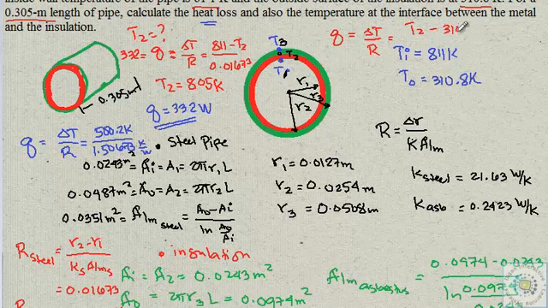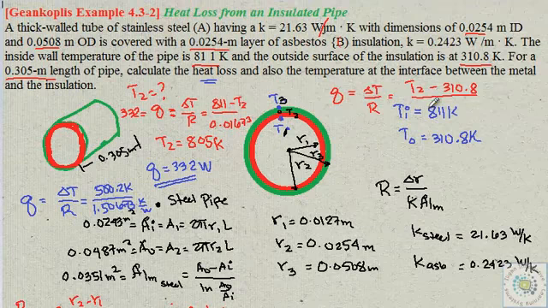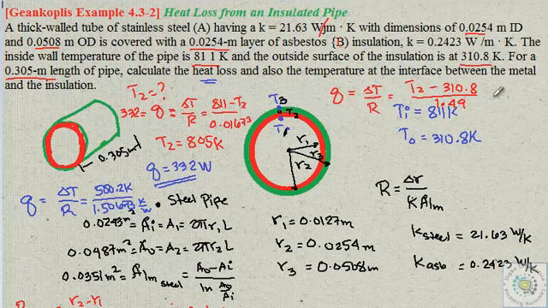So let me do that: 310.8 over the resistance of the insulation, which is 1.491, but let me just put 1.49 here. That must be equal to the same Q, 332. Doing the math gives me 805. The decimal places differ because of some rounding off errors that I committed somewhere. This is in Kelvin.